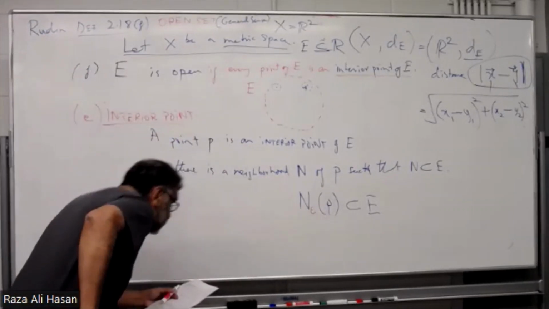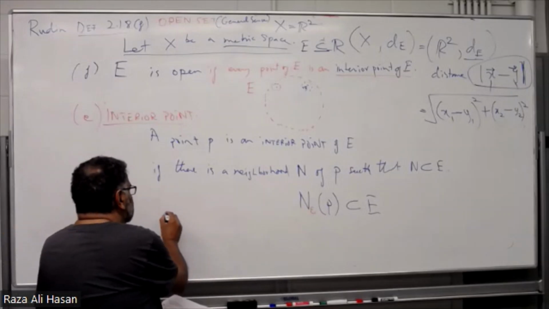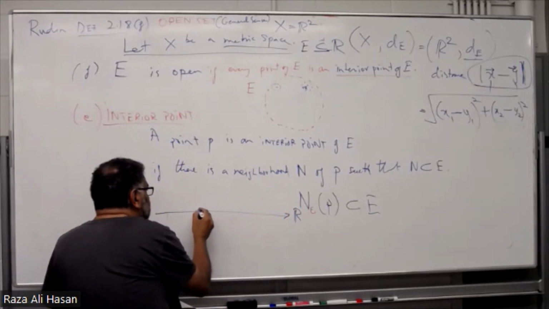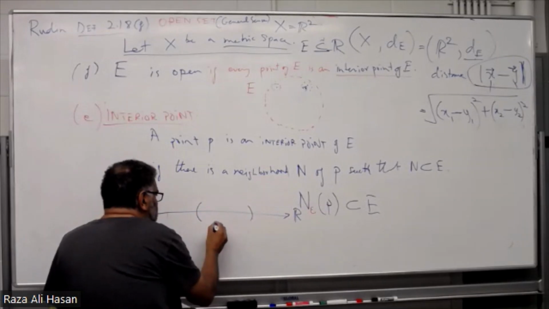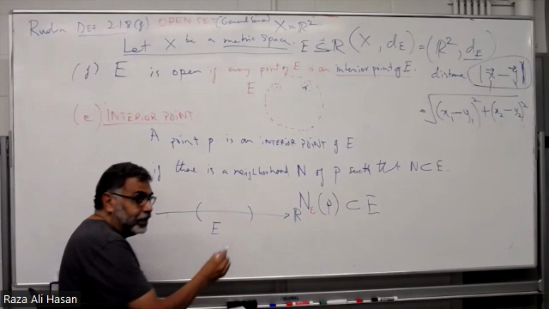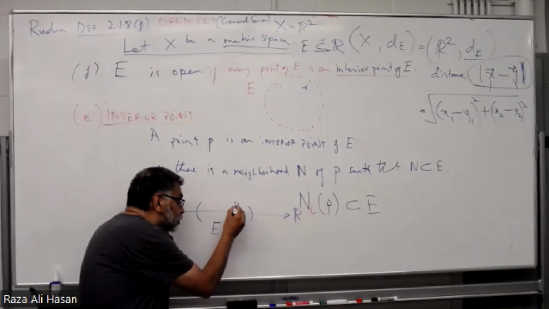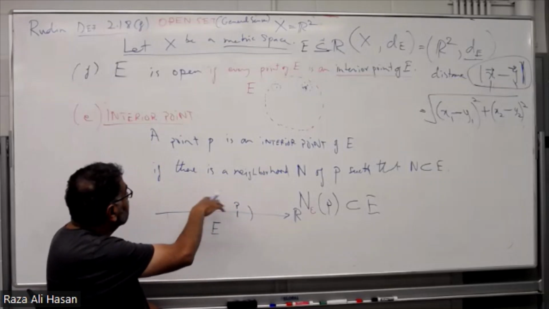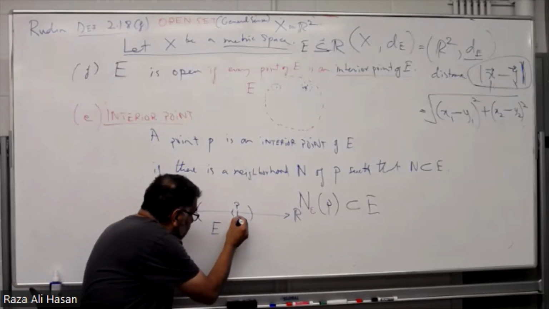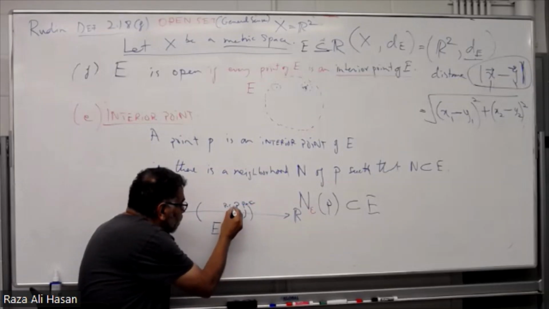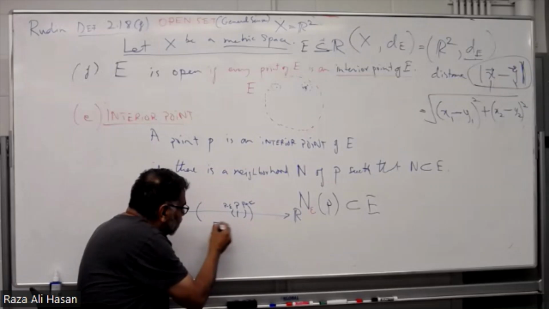So for instance, here is our set E, and given any point P we can always create a neighborhood around P that is a subset of set E.